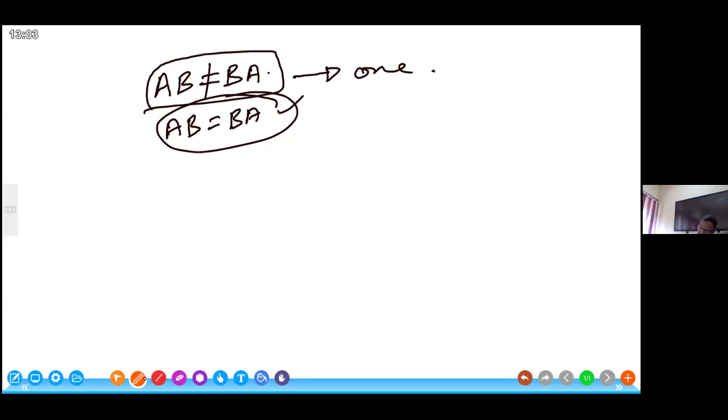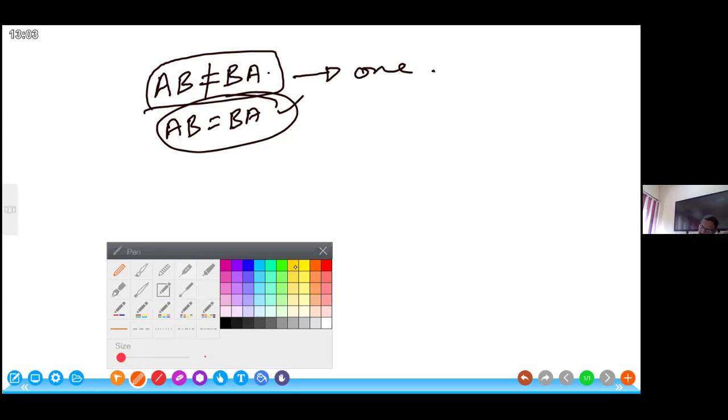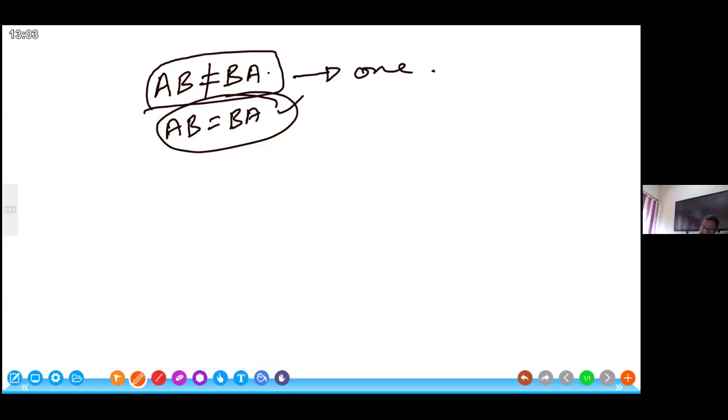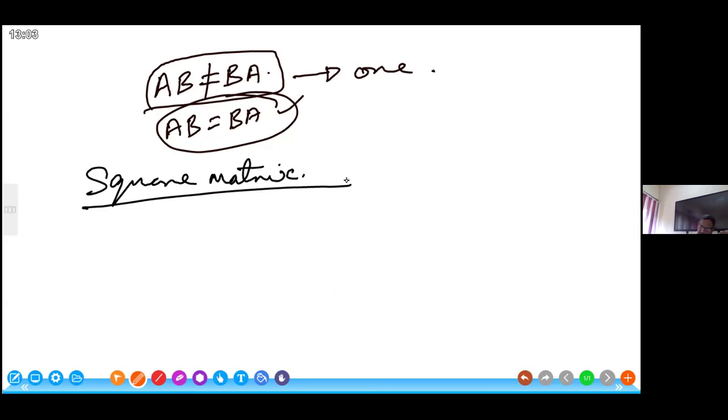Already I mentioned the square matrix. By definition, what is a square matrix?